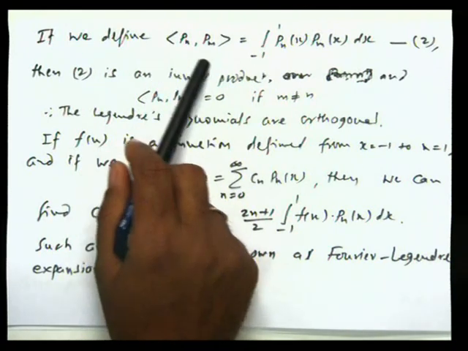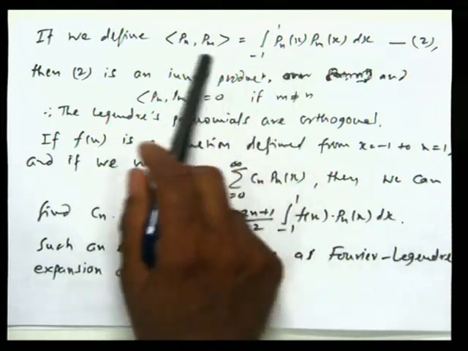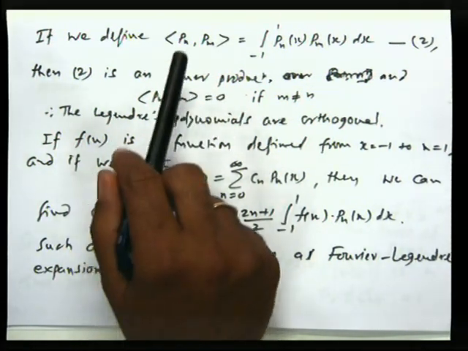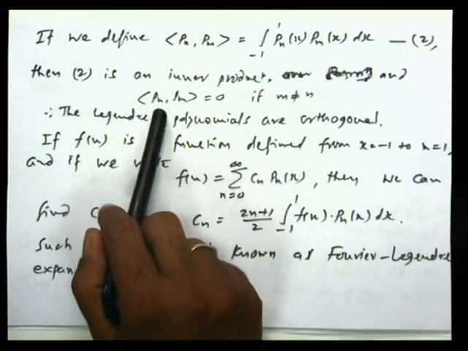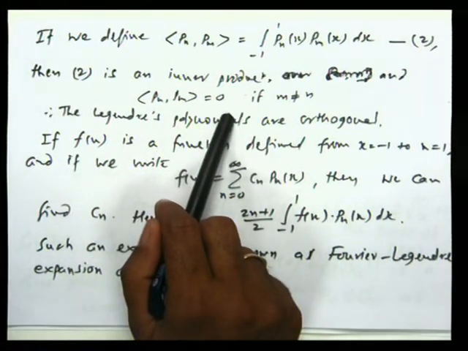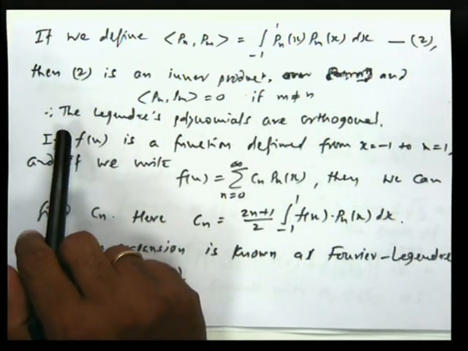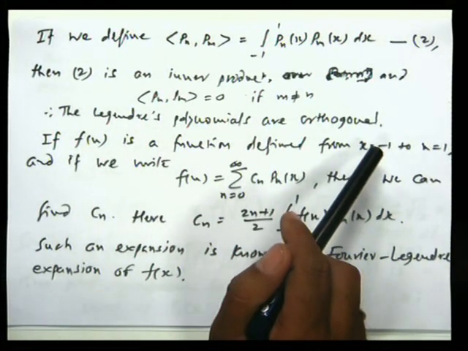We can see that this integration type of product satisfies all the properties of an inner product, and when m is not equal to n, the inner product of Pn and Pm is 0. This is the condition which we call orthogonality. So we can have the Legendre polynomials as orthogonal polynomials.